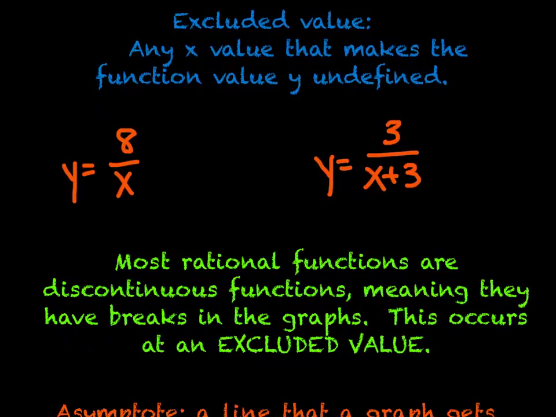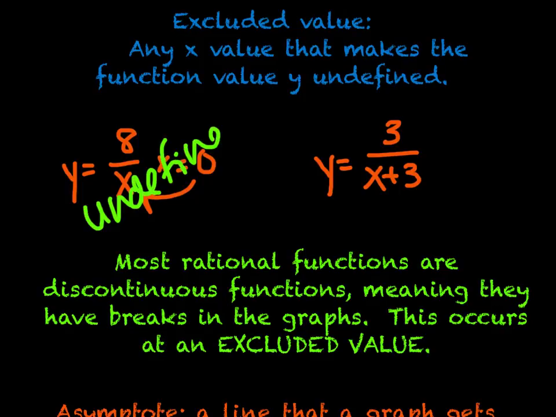So we have an excluded value when the x value makes the function value y undefined. Think about y equals 8 divided by x. If x equaled 0, then that would make this whole situation undefined, and therefore it wouldn't work.